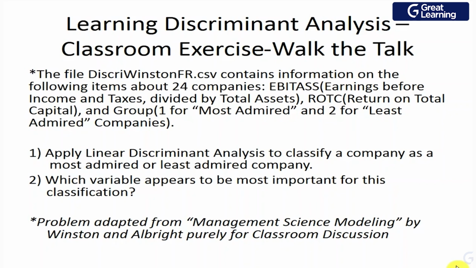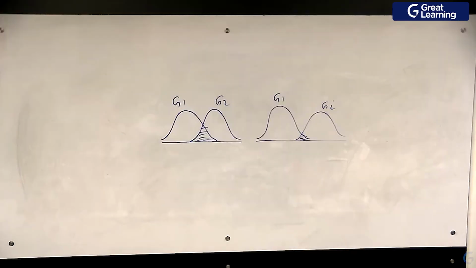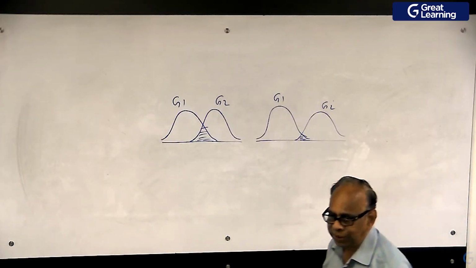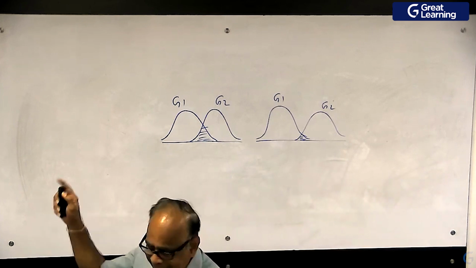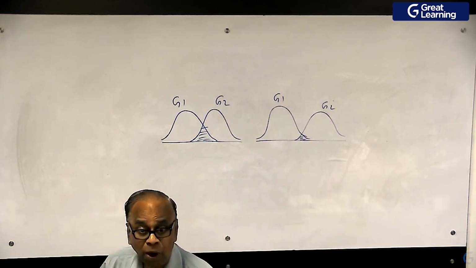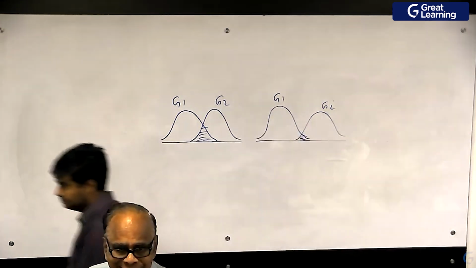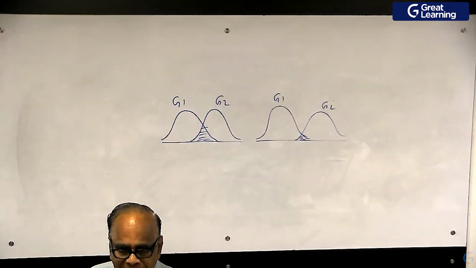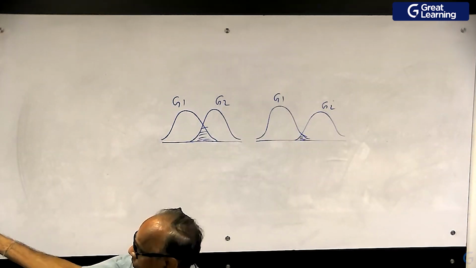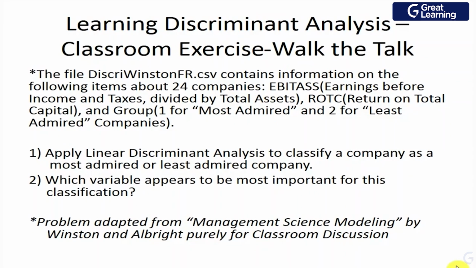The exercise given is solved by some genetic algorithm in the book, where the solution can be multiple in nature. It's difficult to precisely say which one is the best, but I have applied the orthodox, traditional, the voice of Fisher. Today Fisher is no more, but the voice of Fisher we will do in this exercise and understand what is discriminant analysis.